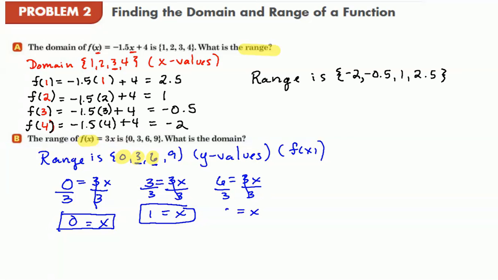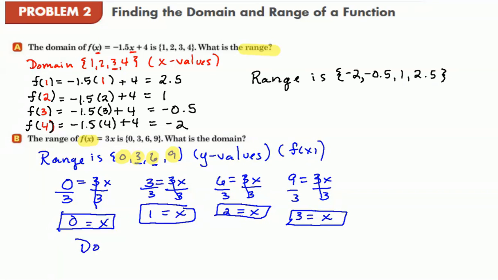So x equals 2. The last one is to plug in the 9. So again, we're going to plug that 9 in for f of x. So we have 9 equals 3x. Divide by 3 on both sides, and x equals 3. So there are our 4 values, or our domain.